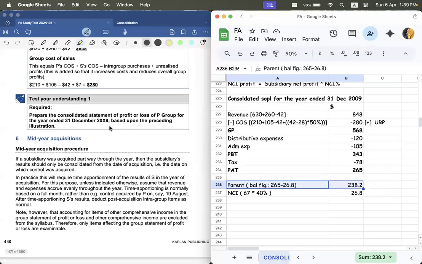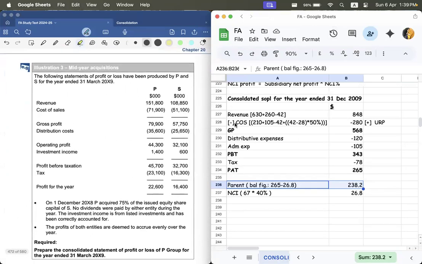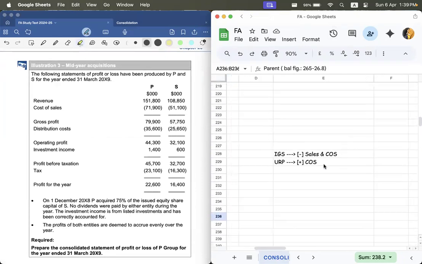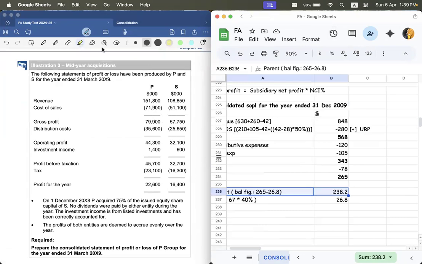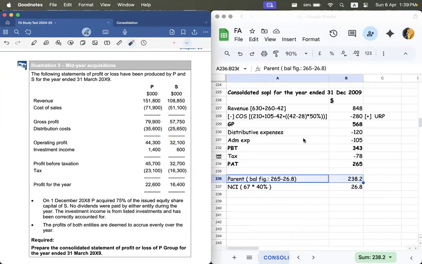Now, mid-year acquisition again. It's simply the same. The difference is that for all the S contents, you time-apportion them. That's the only difference.